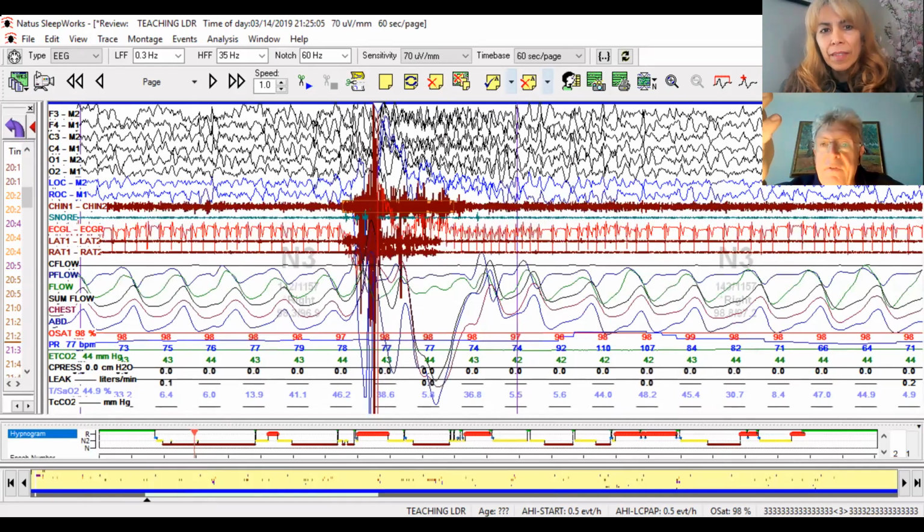As I was saying before, you can score as usual, but when you detect a movement, in order to have a better definition of the starting and ending point of the movement, I would suggest you change the duration of the epoch that you visualize on screen to 30 seconds, because you are making a smaller error when you mark the start and the end.